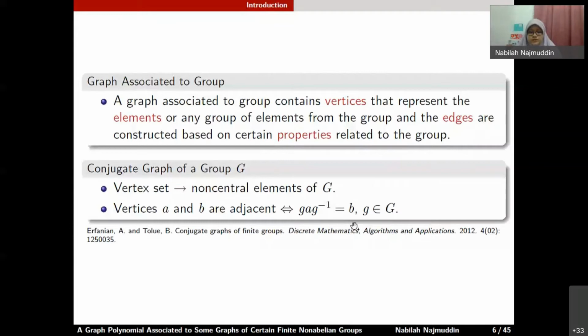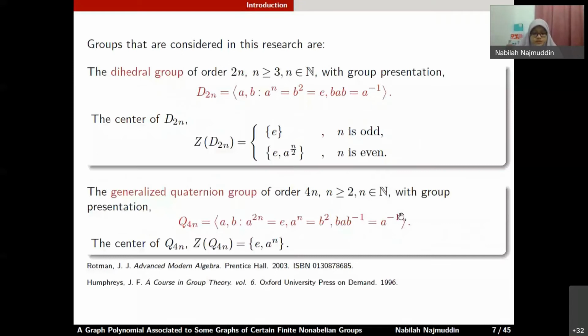Before I proceed to some examples of conjugate graphs so you can see more clearly, I would like to highlight that there are two groups that I will consider in this presentation. They are the dihedral group of order 2n and the generalized quaternion group of order 4n. This notation is the group presentation of the dihedral group with its generators, and the relations are here.